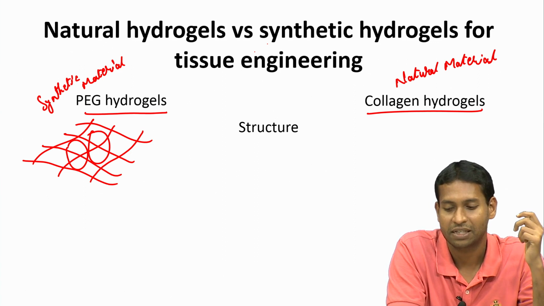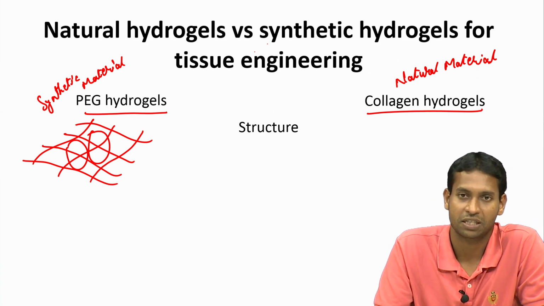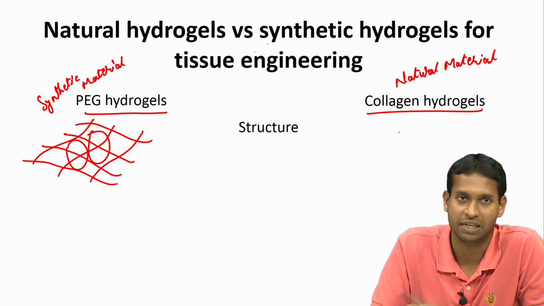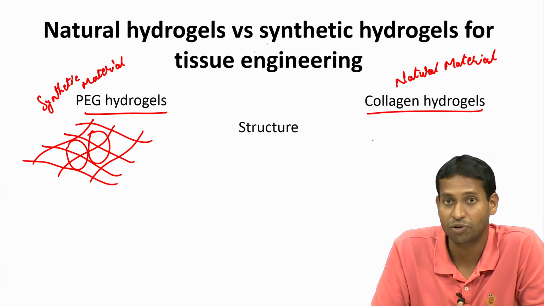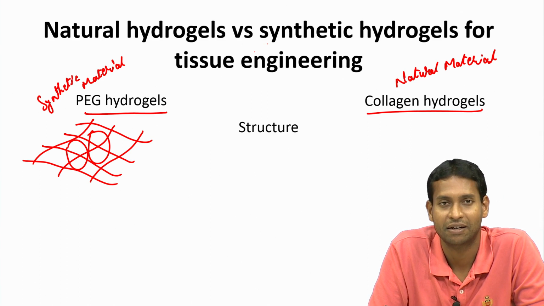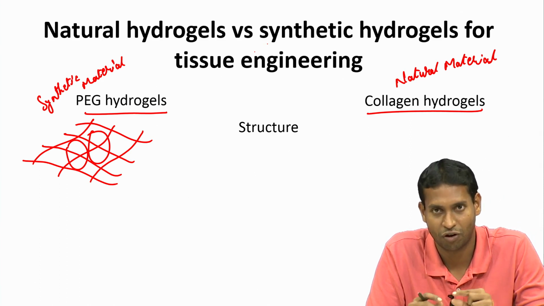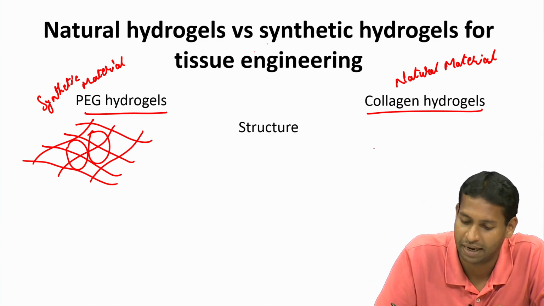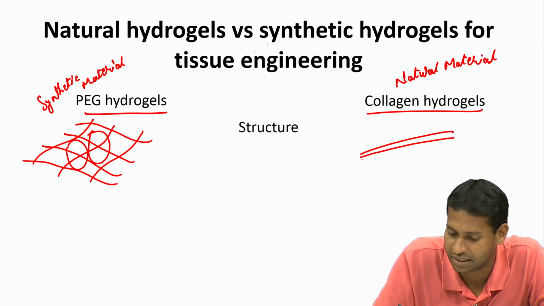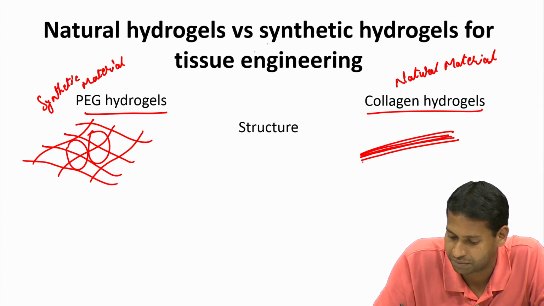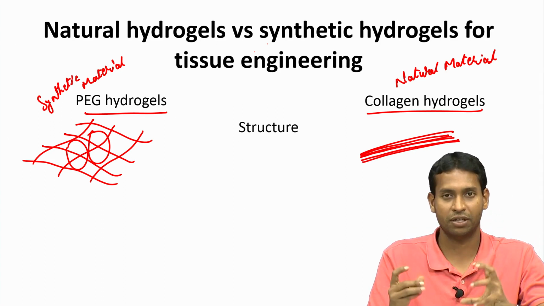Whereas with collagen hydrogels, if you use the same number of chains of collagen as you use for PEG, collagen is known to form fibrils. Most ECM proteins that we find in the body form thick fibers, and the way they form thick fibers is that several single chains come together to form a thick fiber.